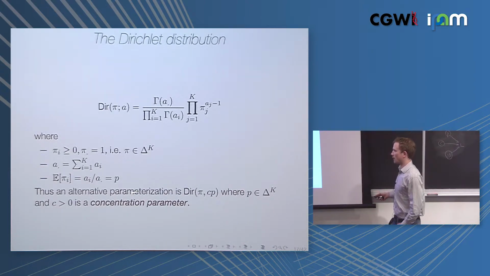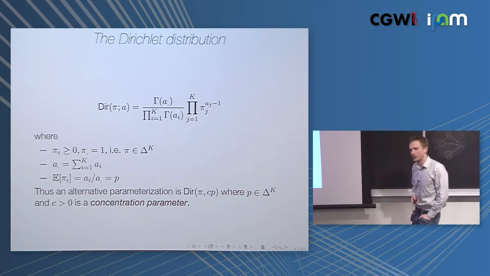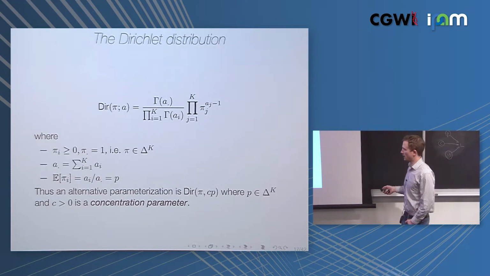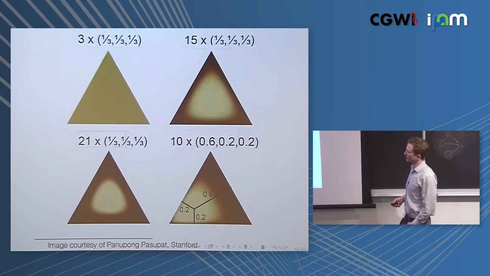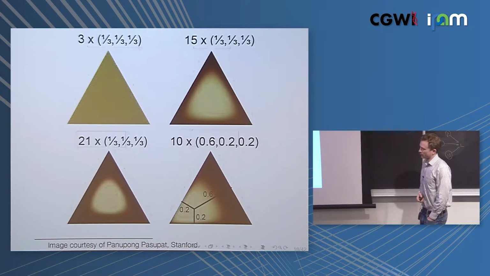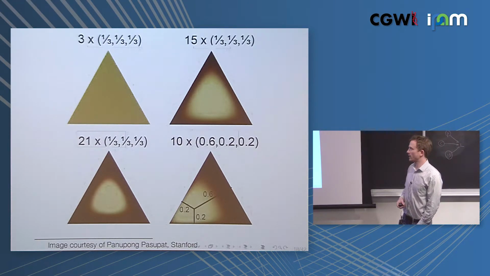So that also implies that an alternative parameterization that's a bit more convenient is to set alpha equal to C times p, where C is a scalar called the concentration parameter, and p is a probability vector that's just the expectation of the distribution. This is showing what a Dirichlet distribution looks like on the 3-simplex, so if you have probability vectors of length 3.